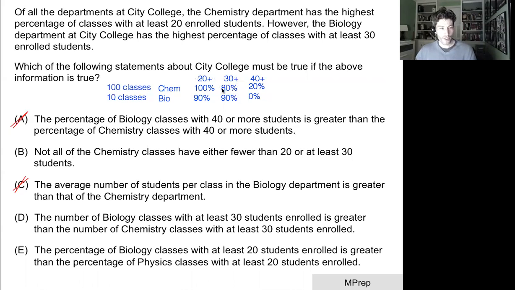If this happens, then 80% of the chem classes, that would be 80 chem classes total, have 30 or more students, but 90% of 10 is only 9. 9 bio classes have 30 or more students. So 80 versus 9 would disprove D.